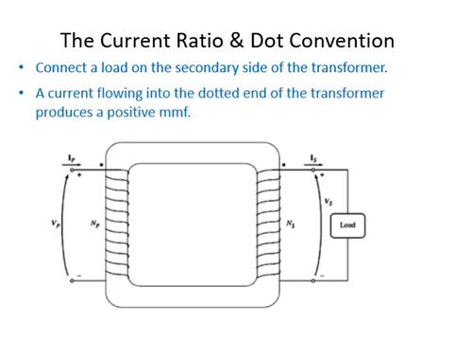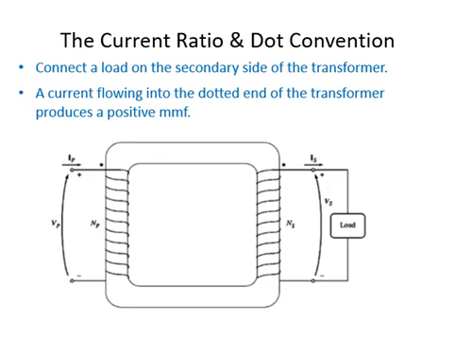A current flowing into the dotted end of the transformer produces a positive MMF, and if the current is flowing out of the dotted end, the transformer will produce a negative MMF.